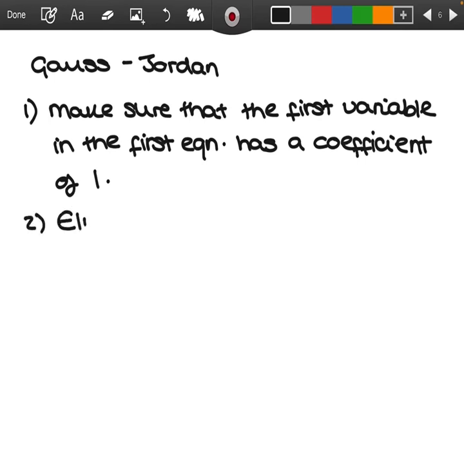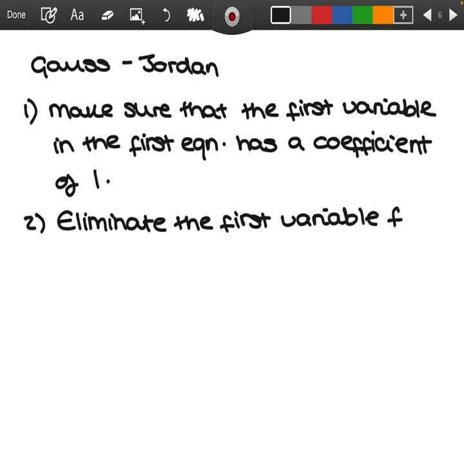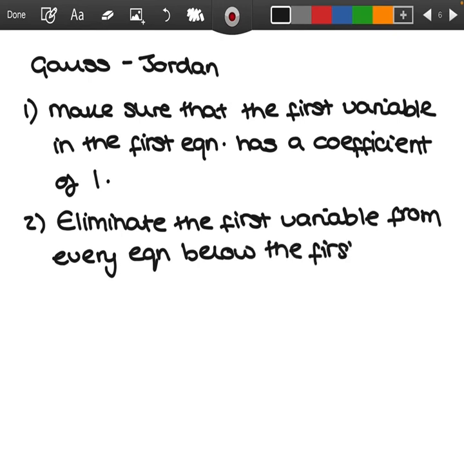Then we're going to eliminate that first variable from every equation below the first equation.